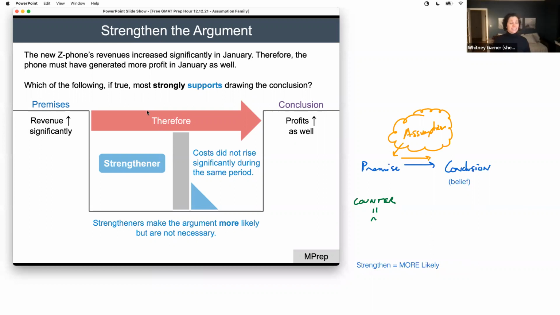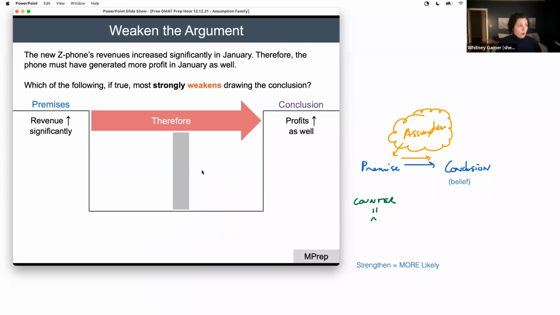Well, if costs didn't rise significantly during that same period, that would make me think that our conclusion was potentially true, that our profits didn't go up by a whole bunch. So hopefully our profits did still go up from what they once were. All right, a weaken would basically do the exact opposite.